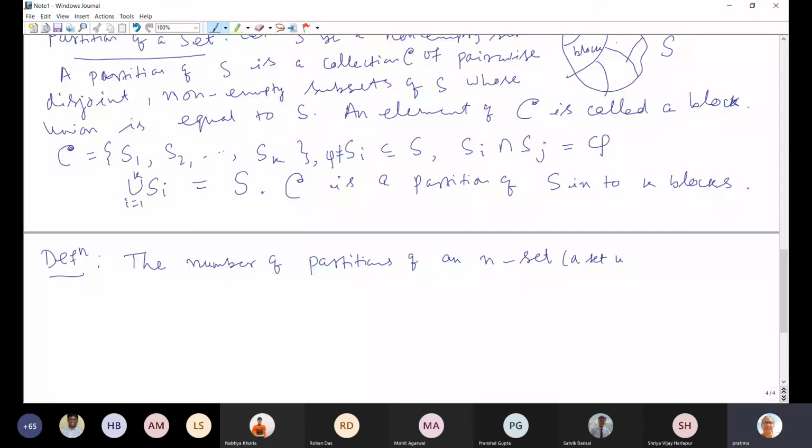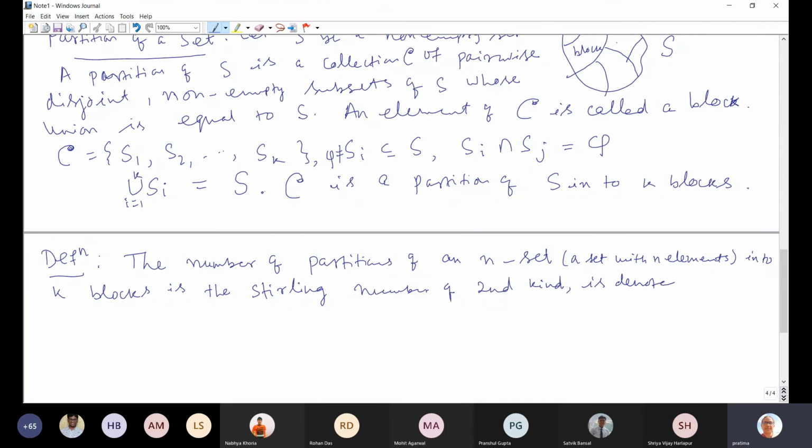So the number of partitions of an n-set into k blocks is the Stirling number of the second kind and is denoted by the notation capital S(n, k).